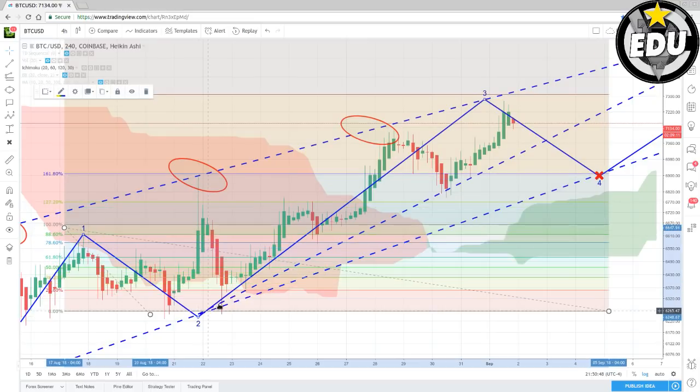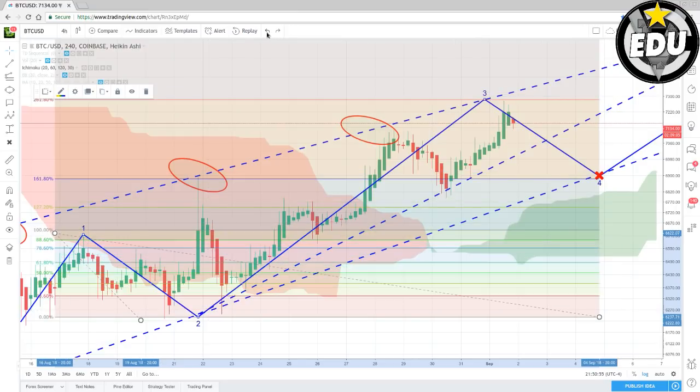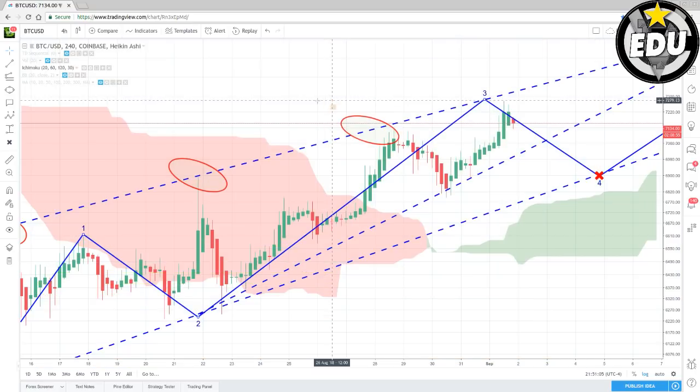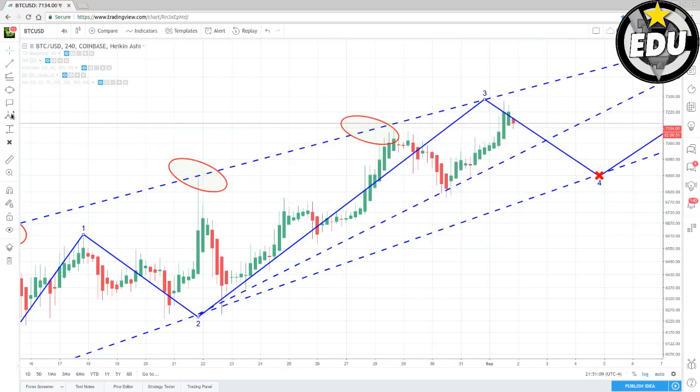Actually, this number 2 could, oh sorry, no, I don't want to do that. Go back. Oh, my computer is boiling. Okay, so this is another Elliott wave, and let's remove this so you don't get confused with my Fibonacci, and let's remove the Ichimoku cloud. This is another good Elliott wave.